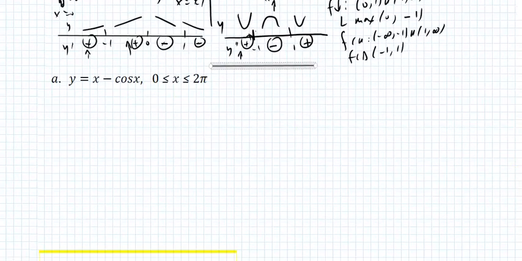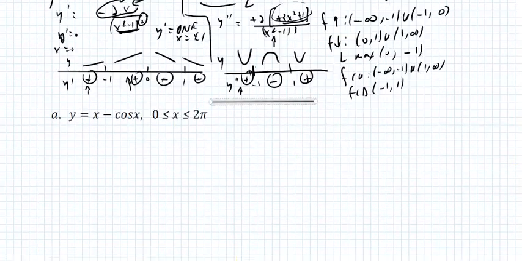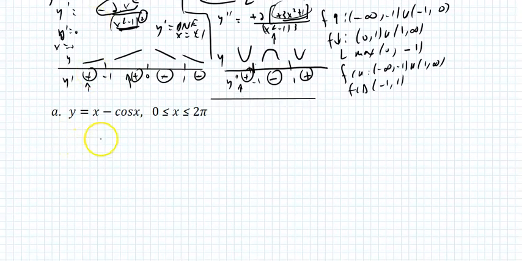Here's a problem again. This is a cosine. We know these graphs are infinite. So domain is all real numbers. Of course, there's no restriction, but we're going to run it between 0 and 2 pi. Intercepts, if I let x equal 0, cosine of 0 is 1 times a negative, that's negative 1.